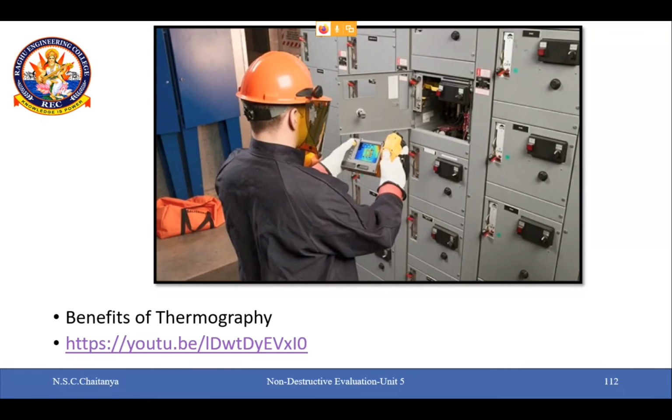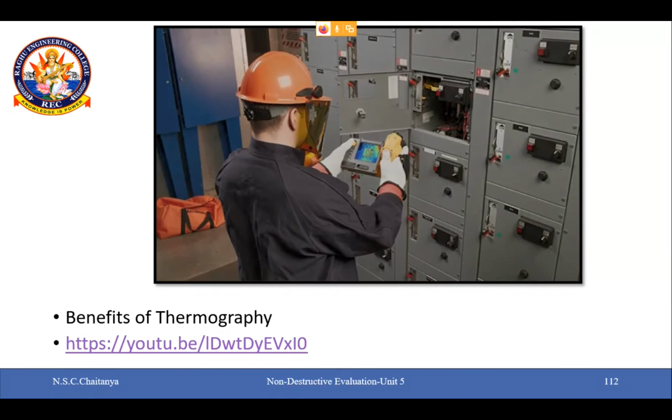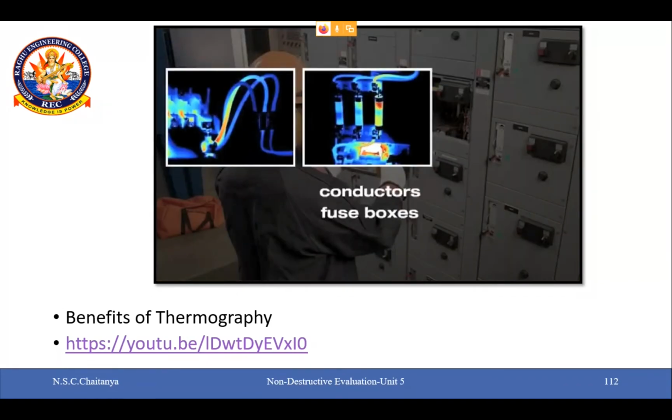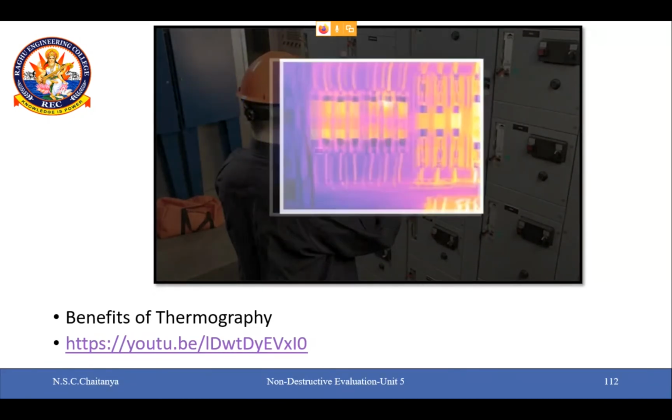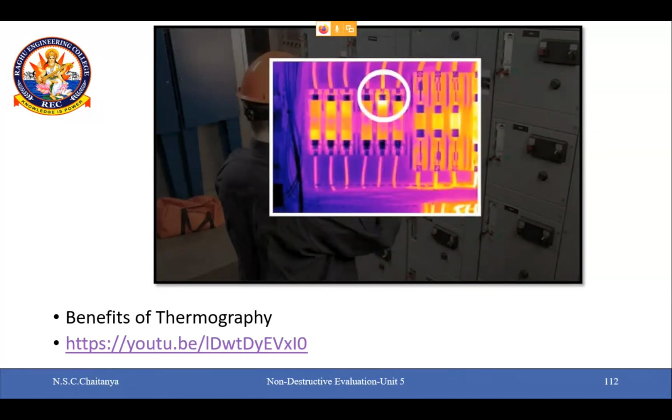If you were inspecting an electrical system, you could take thermographic pictures, IR images, of conductors, fuse boxes, switchgear, and connections. Hotspots in the IR image could potentially reveal unbalanced or excessive loads or show loose connections. Without thermal imaging, you may complete your inspection and assume the electrical system was working properly. With thermal imaging, you can now verify this.